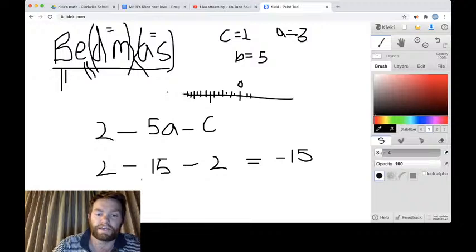And now I have to go back another 2, 1, 2. So I can just count that back: 0, -1, -2, -3, -4, -5, -6, -7, -8, -9, -10, -11, -12, -13, -14, -15. That's how I got my answer of -15.